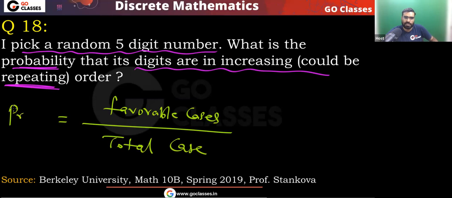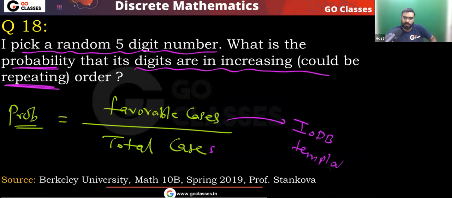This is the probability. So can you find total cases? Can you find favorable cases? For favorable cases, this is your IODB template, because digits could be repeating. This is like non-decreasing digits. So this is your favorite template, IODB template.